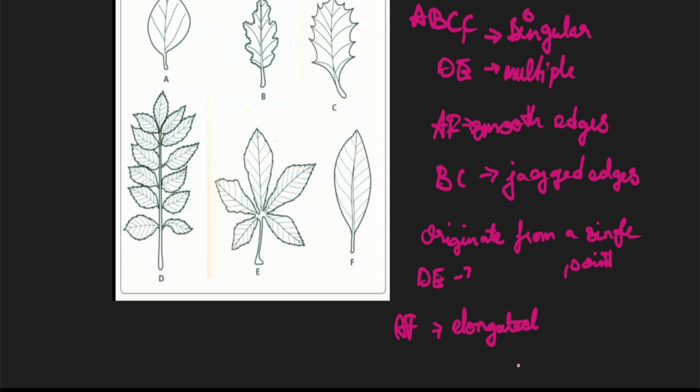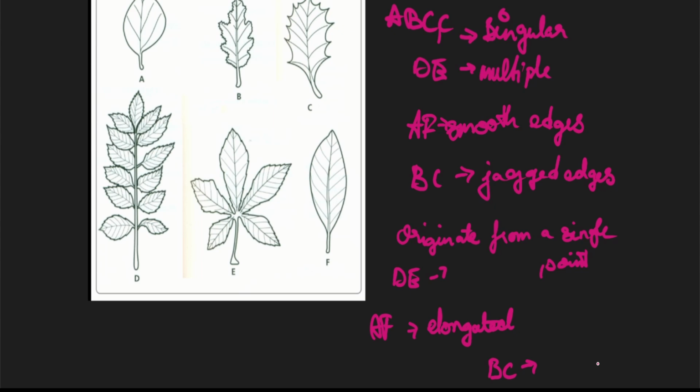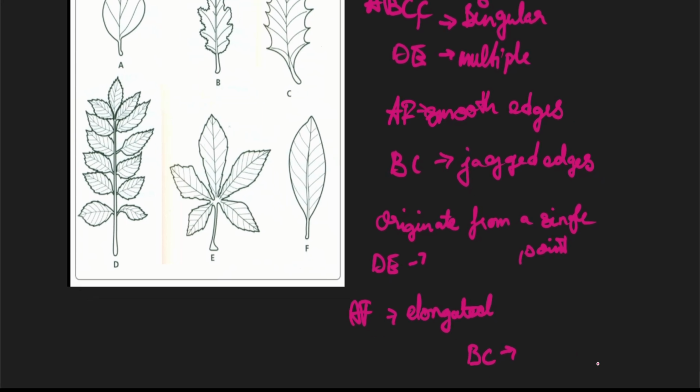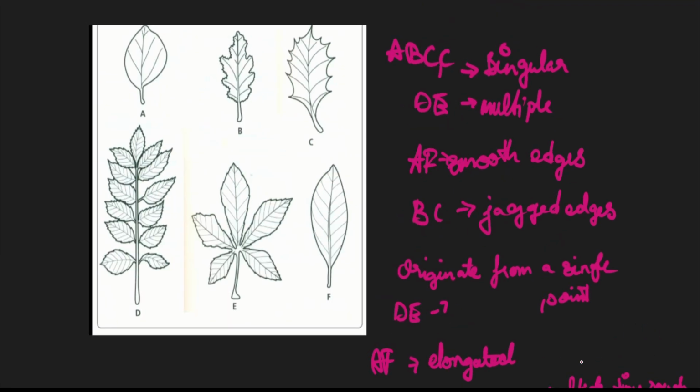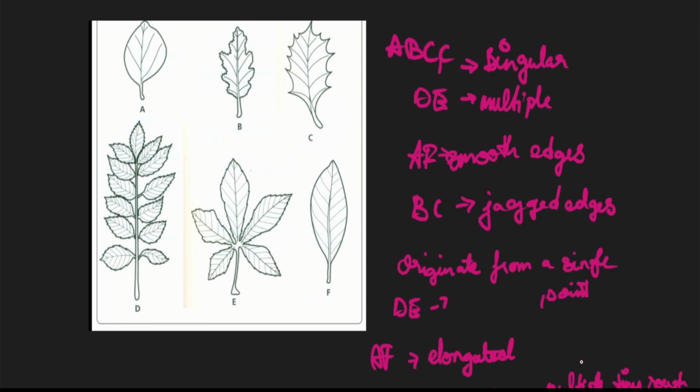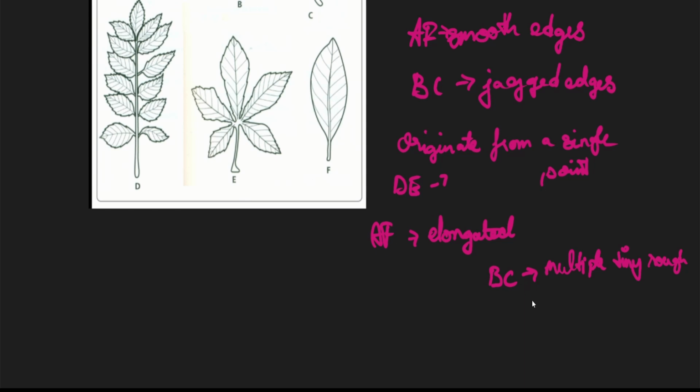And finally, for B and C, you could talk about whether it has multiple tiny rough edges, or if it ends at a sharp tip, perhaps.